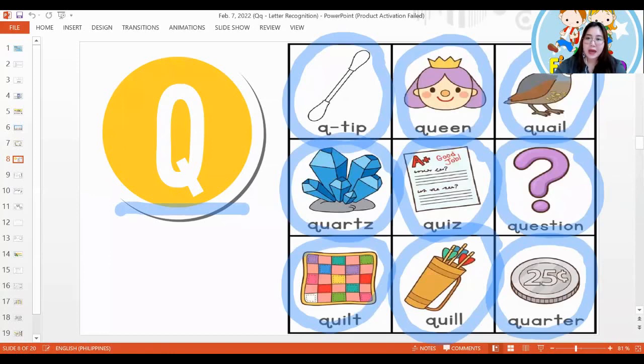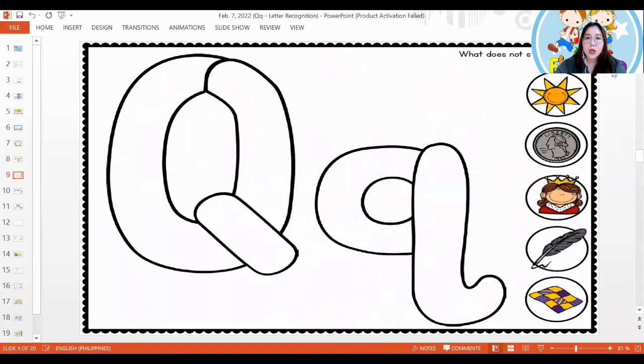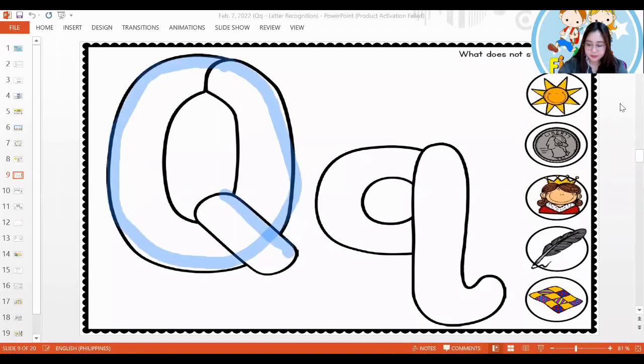Let's see what we have for our next slide. We have our letter Q Play-Doh mat. So get your Play-Doh mat and let's make our capital and lowercase letter Q. So let's start with our capital, then lowercase.